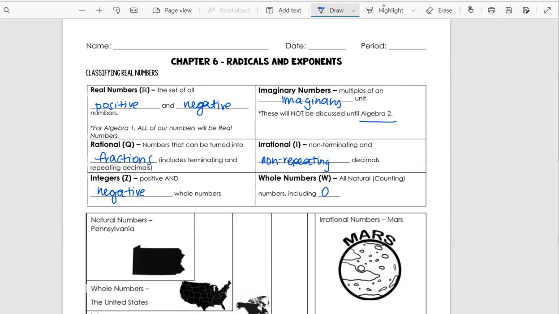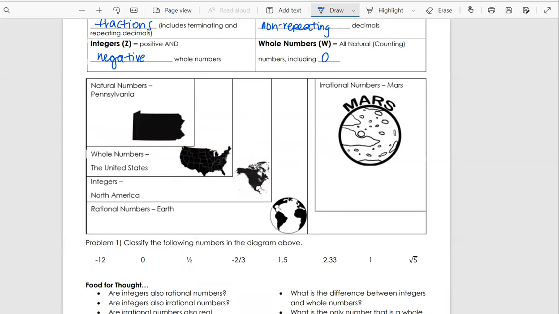So where and how do all of these numbers fit into each other? We kind of break it down with this nice little visual here. Our natural numbers, those are our only positive numbers, for example 1 or 2 or 3. So that's just, for example, Pennsylvania.